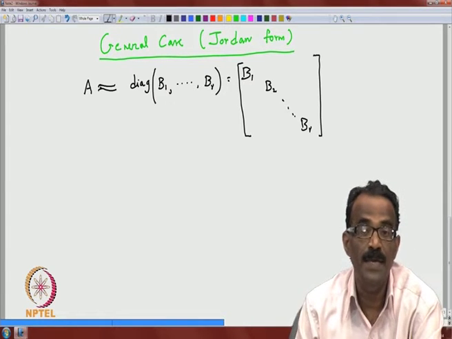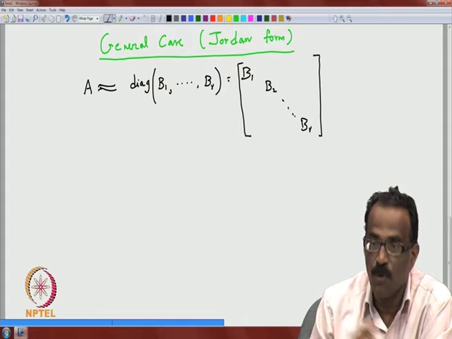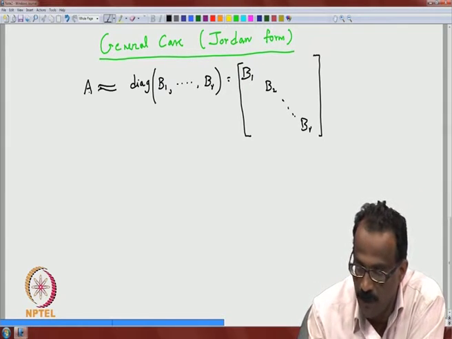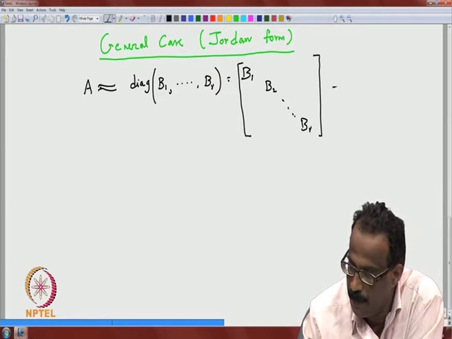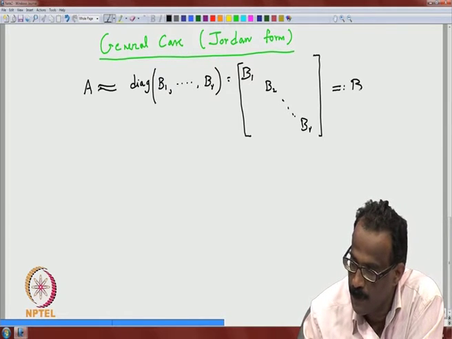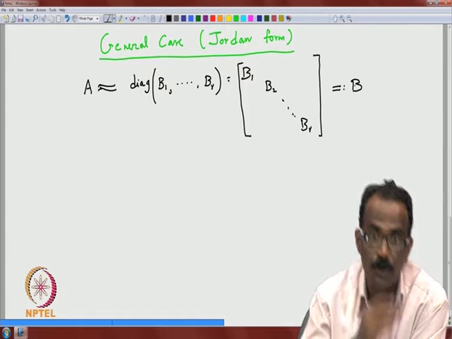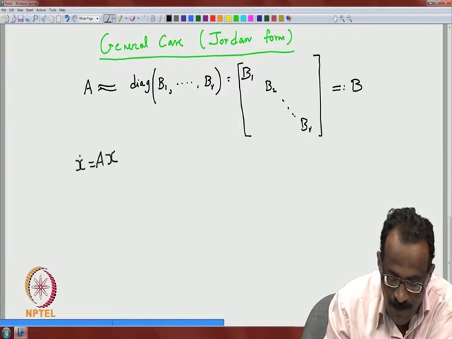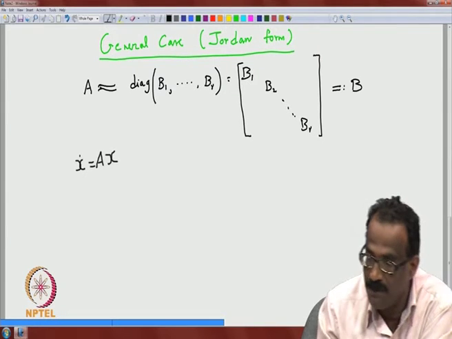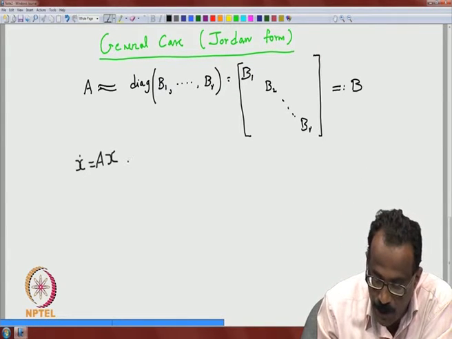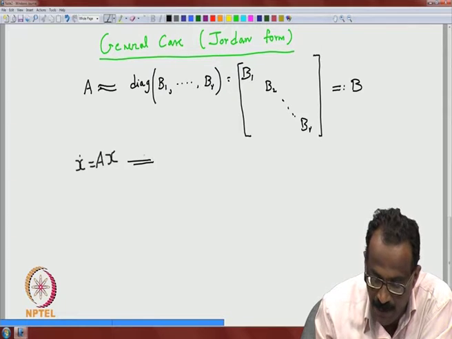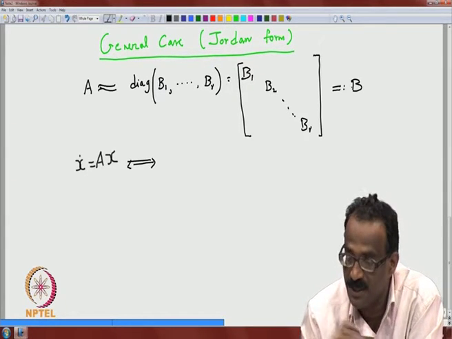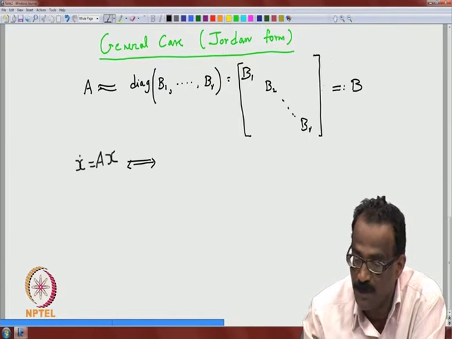How does my B look? That is more important. This is called my big B. If you want to solve your system, because of this diagonal form, it is enough to solve the system of the form for each block.